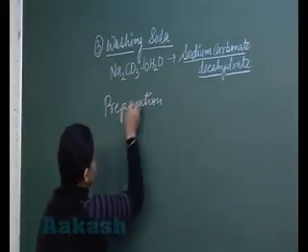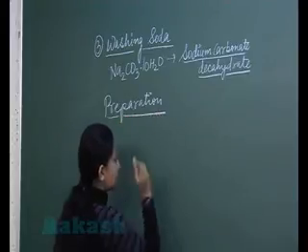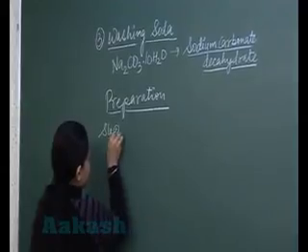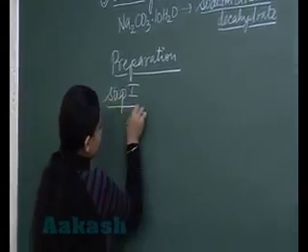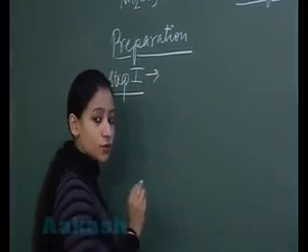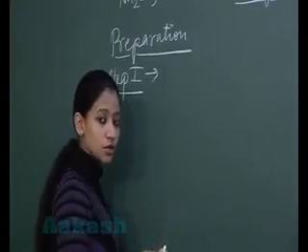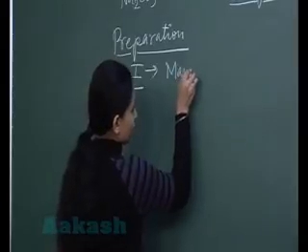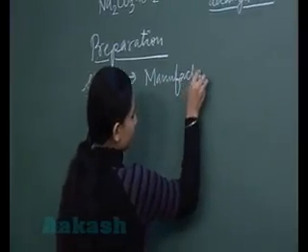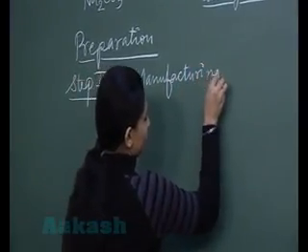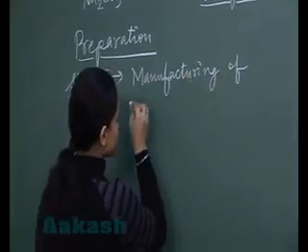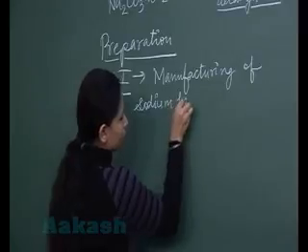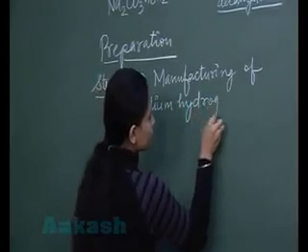Students, actually this washing soda is prepared in various steps. So let us know about those steps. First step. Students, step 1 is the manufacturing of sodium bicarbonate, or sodium hydrogen carbonate.